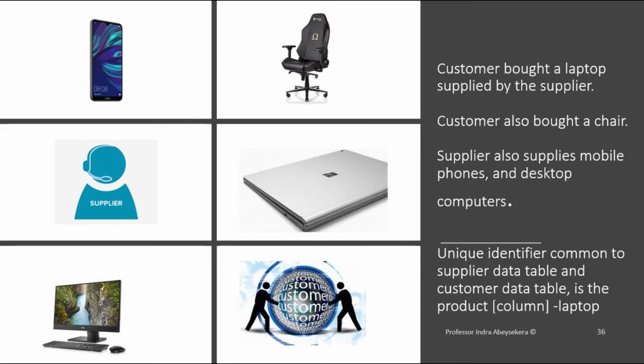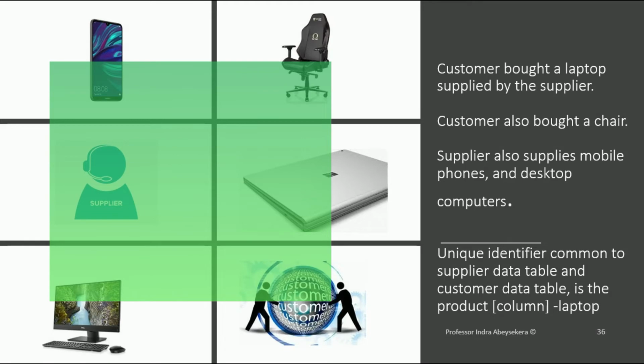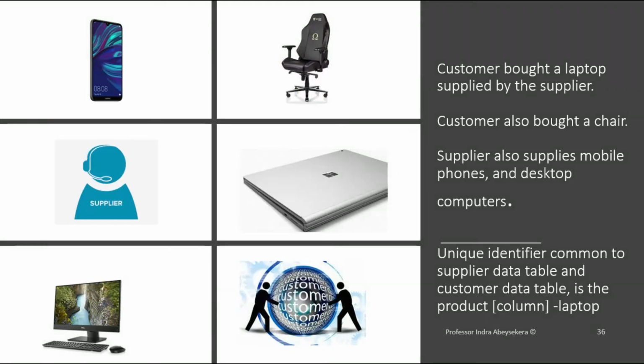So if a customer, for example, bought a laptop supplied by a supplier, and then the customer also bought a chair, and the supplier also supplies mobile phones and desktop computers. Here the unique identifier common to the supplier data table and customer data table is the product. Could be the laptop.